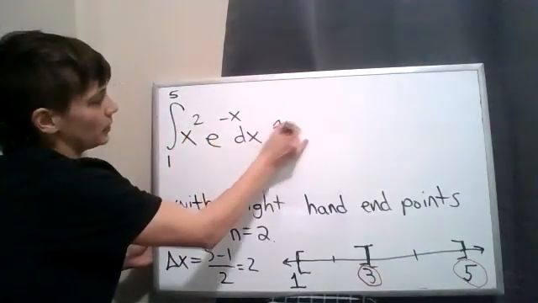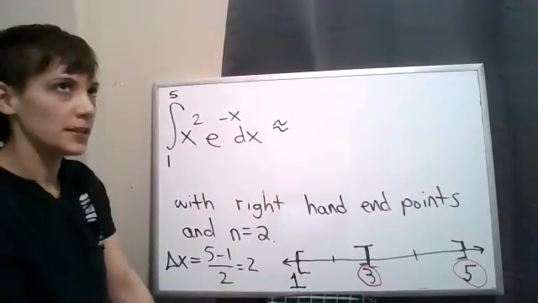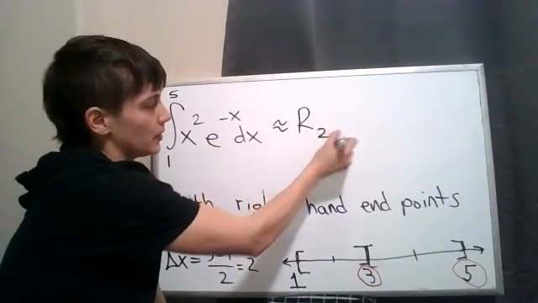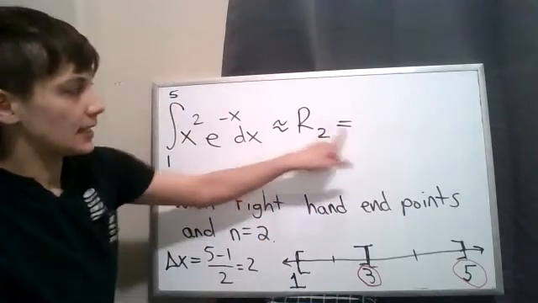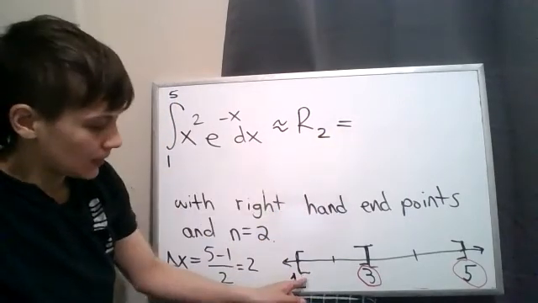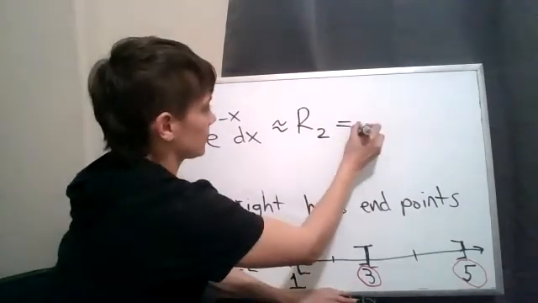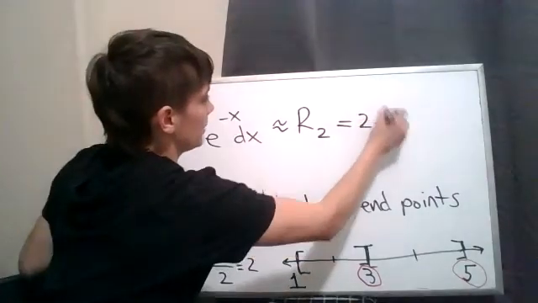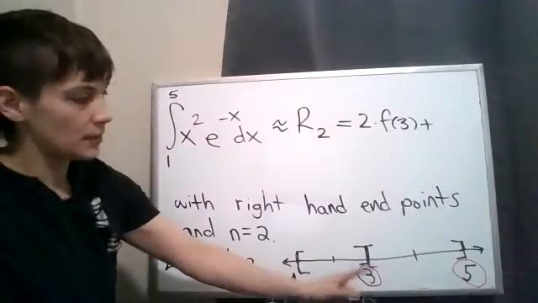And it will be about what we call R sub 2. We used right-hand endpoints with n equal to 2. That is equal to delta x times f of 3. Delta x is 2. 2 times f of 3. Add delta x times f of 5.